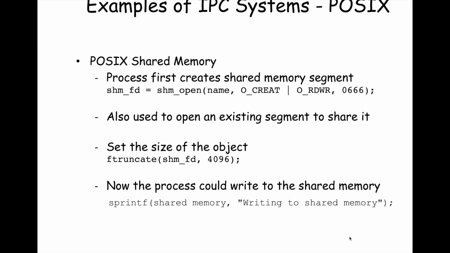So in this particular case, this digit represents user, that represents group, that represents everyone else. That means the user that executed this can read it and write it. The group to which that user belongs can read it and write it, and then everyone else that's not that user and not in that group can also read and write this particular shared memory.